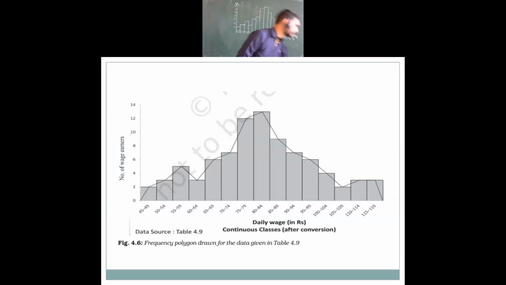Let's see here. This is the frequency. I will take the midpoints of this as usual. Practical things we are making over here. The midpoints of the class frequencies are being joined. That we are going to see.